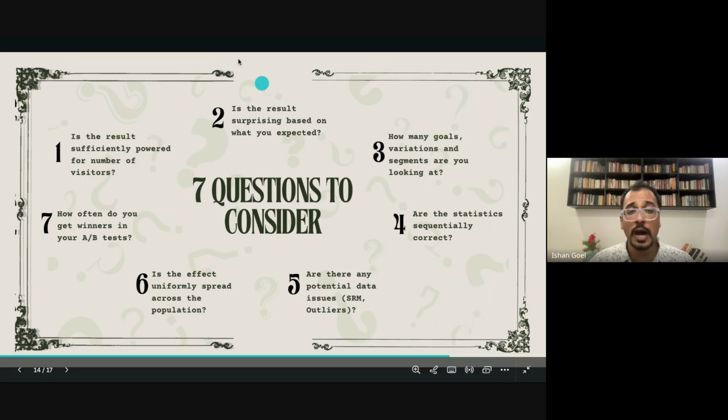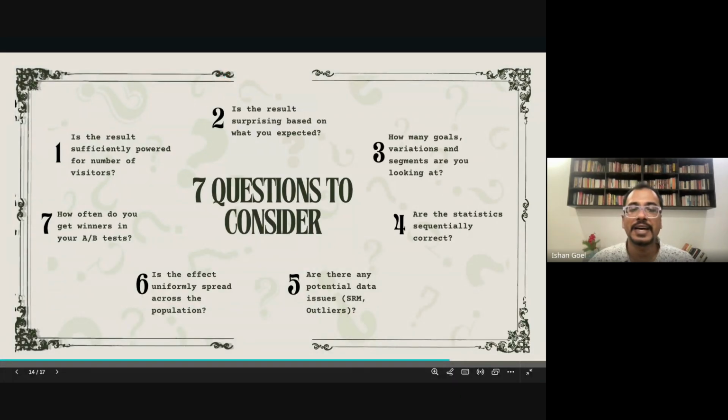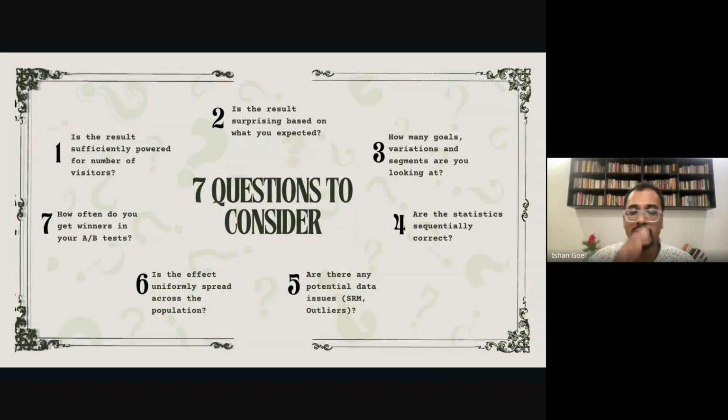You can also look at outliers in your test, and see whether the winner you've gotten is due to some very large outlier or not. I'm not going into details about this right now. We'll be dealing with these in another webinar on dealing with high frequency, high fluctuation metrics. But you need to check for potential data issues.